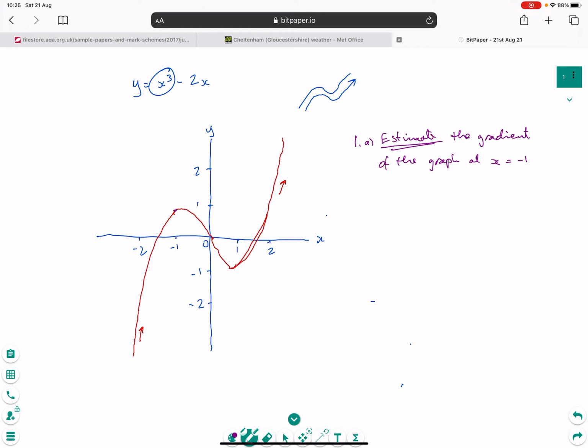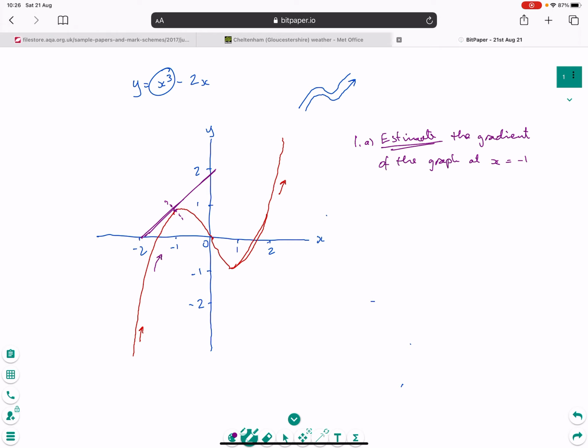So this is the x-axis and there's x -1. If you think about estimating gradient, you're going to put a perpendicular and graph like that. I'm just going to use the 2's because that's what they've done. It's simple. Okay, so bear in mind that we're going up.